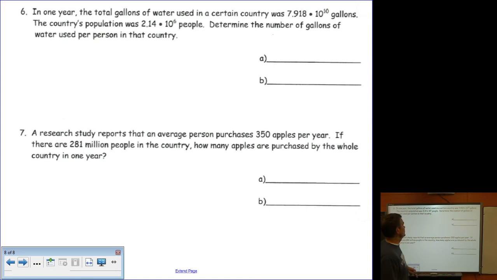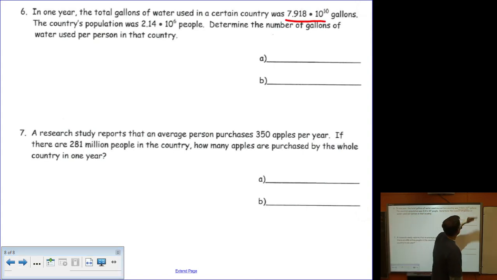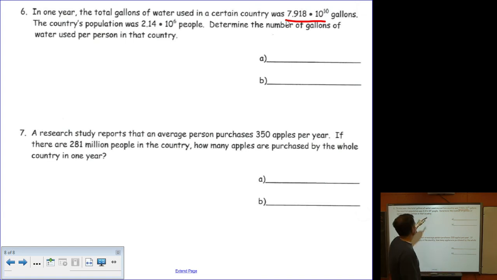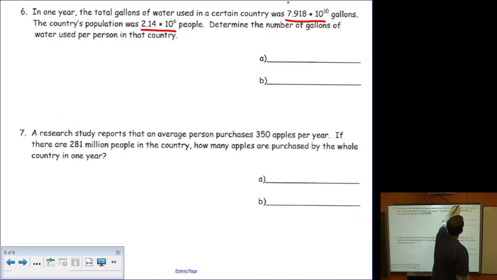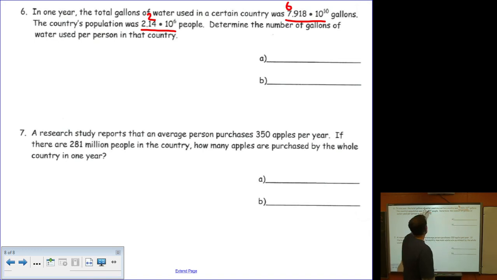In 1 year, the total gallons of water used in a certain country was this many gallons. The country's population is this many people. All right, so 6 gallons, 2 people. Determine the number of gallons of water used per person. So if there's 2 people and they use a total of 6 gallons, that would be 3 gallons per person.